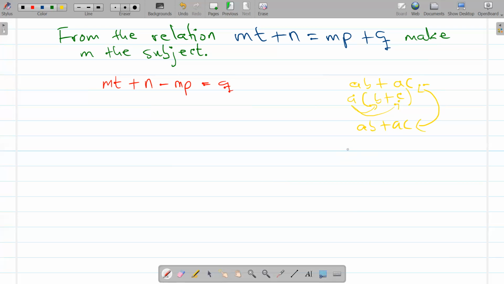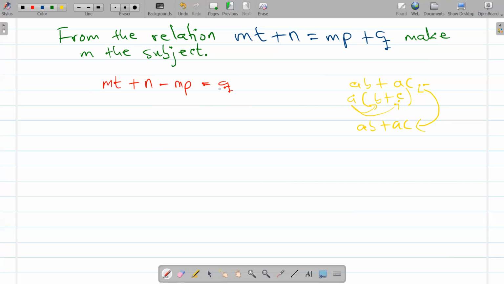So what you should have done in this particular question is to group the terms. It is the M that you are looking for, so group the M's on one side, then all the remaining stuff goes to the other side so that you can do factorization to get the M alone and get your result.